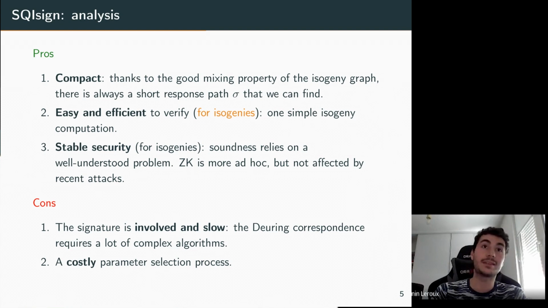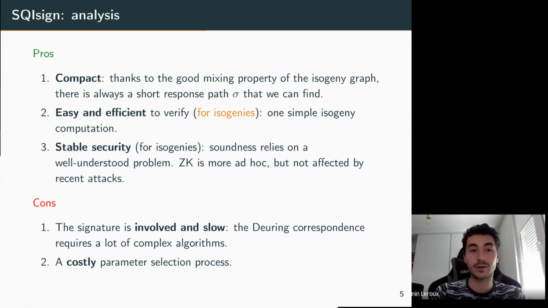By that, I mean that we did not have to increase the security parameters or anything else. It was because SIKE was based on a version of the isogeny problem with additional information, and the attack really relies on this additional information. So the security of the basic isogeny problems is still as strong as ever. And the soundness of the scheme relies on this well-understood endomorphism ring problem. So this part is really nice.